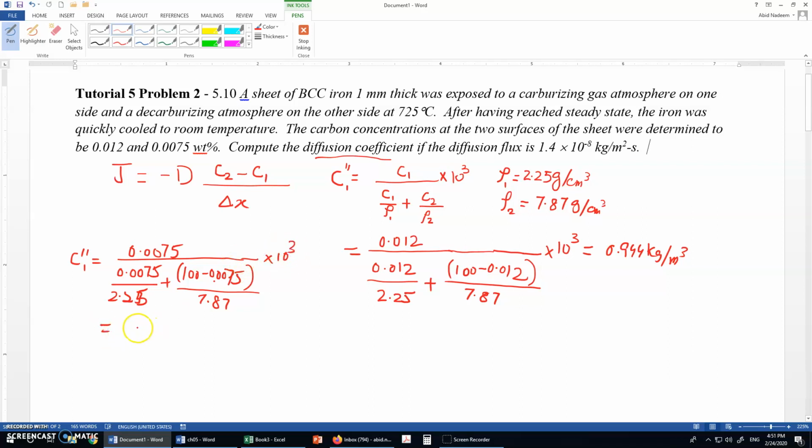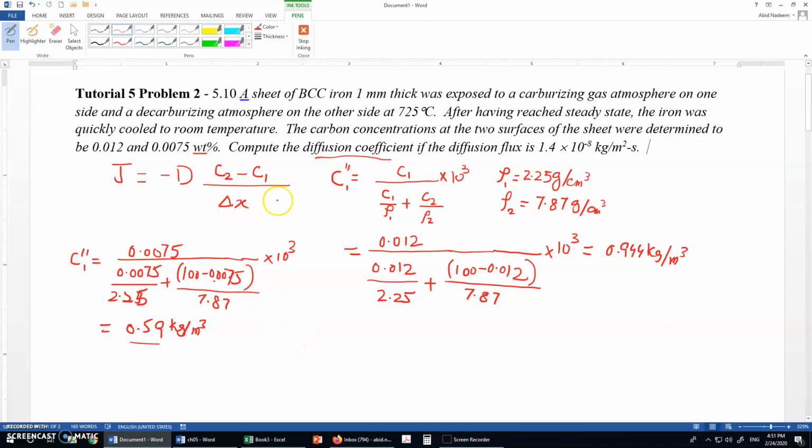So it is equal to 0.59 kilogram per cubic meter. So 0.59 is the value we will use for C1, and 0.944 will be the value used for C2.